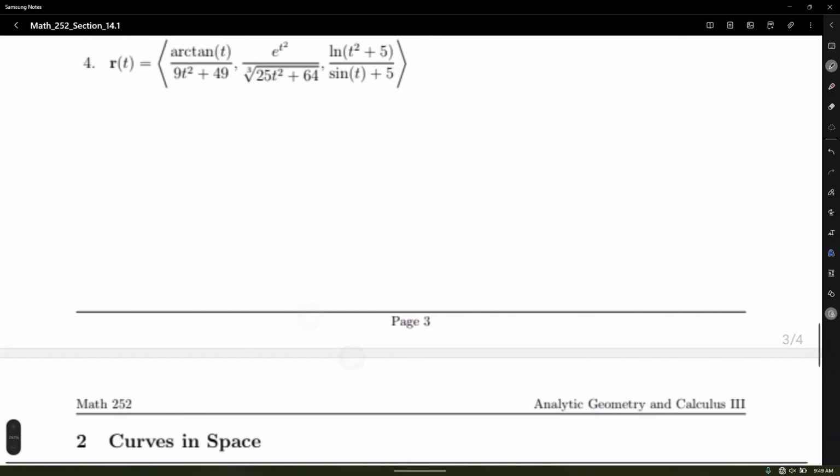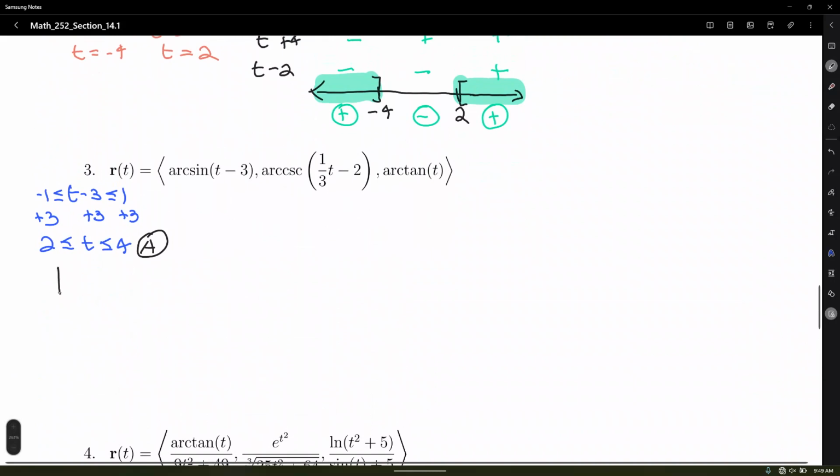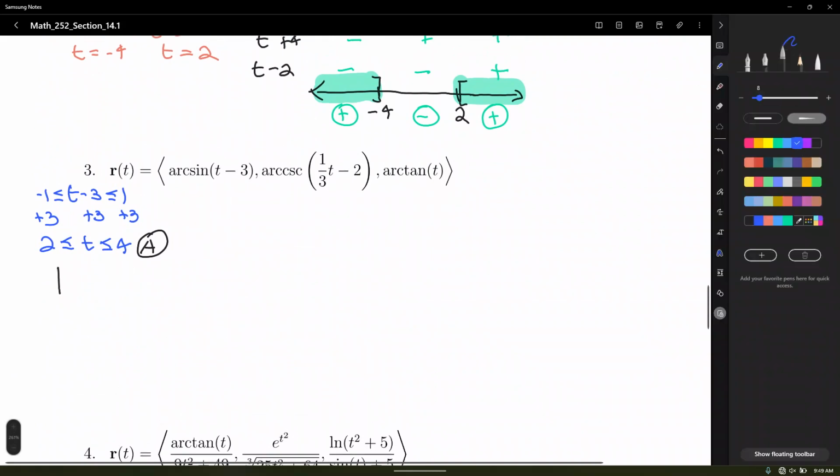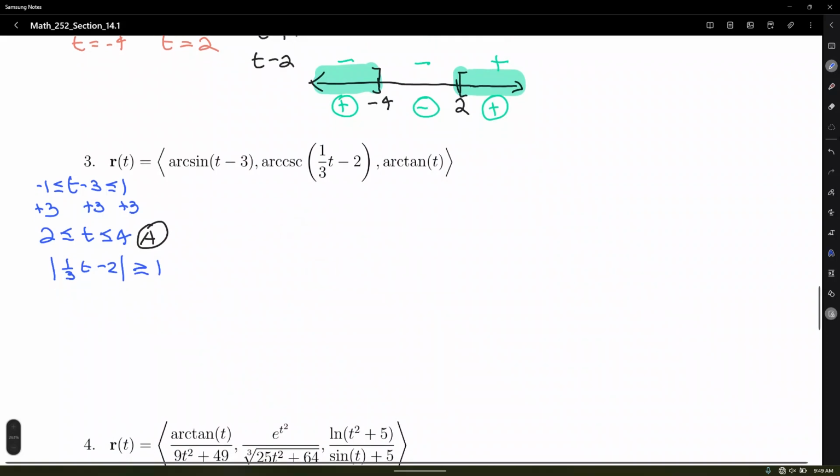So let's set the absolute value inequality, that is the absolute value of 1/3 t minus 2, greater than or equal to 1. This implies solving 1/3 t minus 2 less than or equal to 1, or 1/3 t minus 2 greater than or equal to 1.